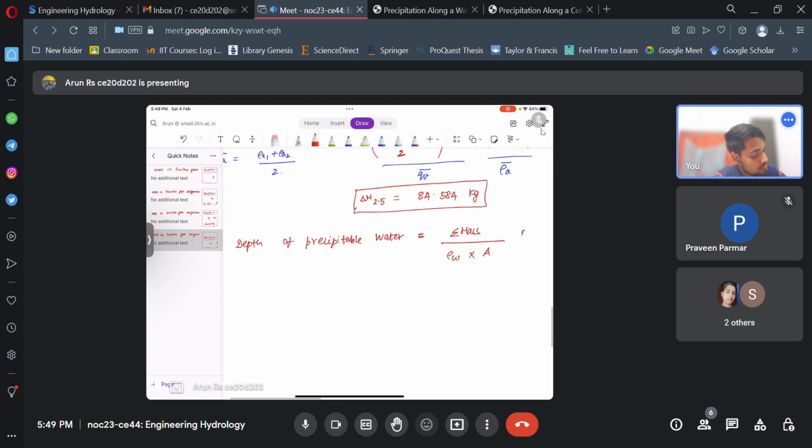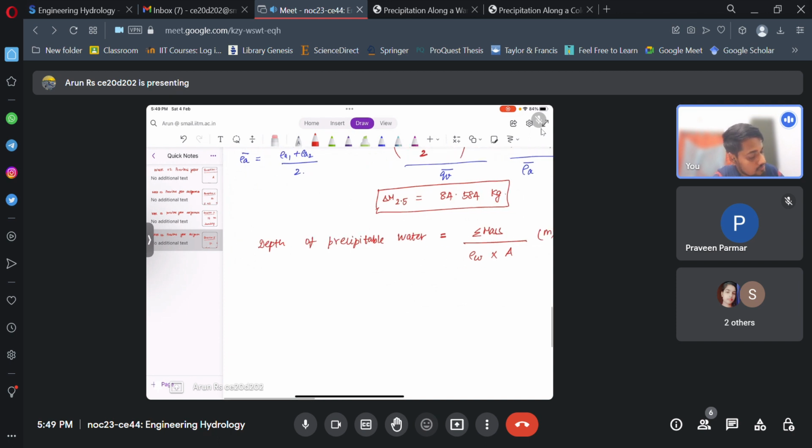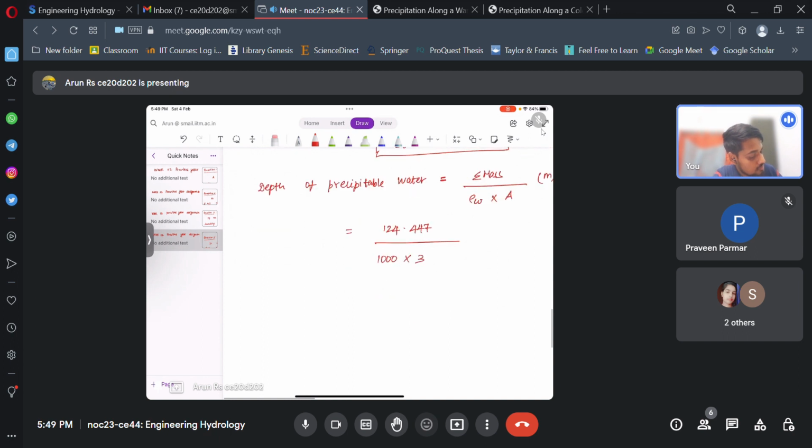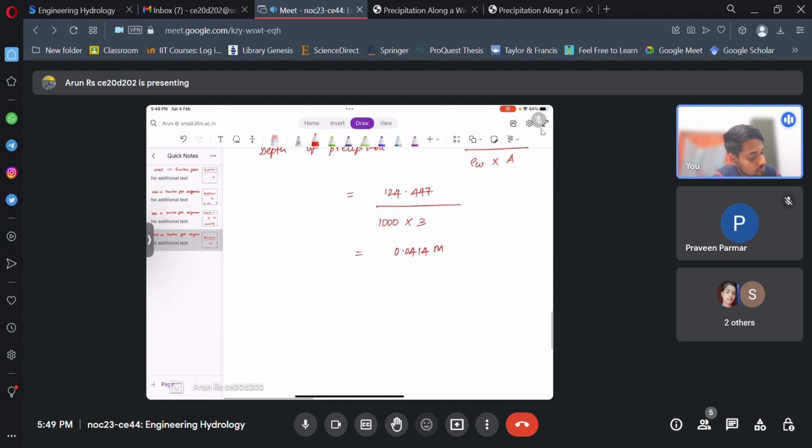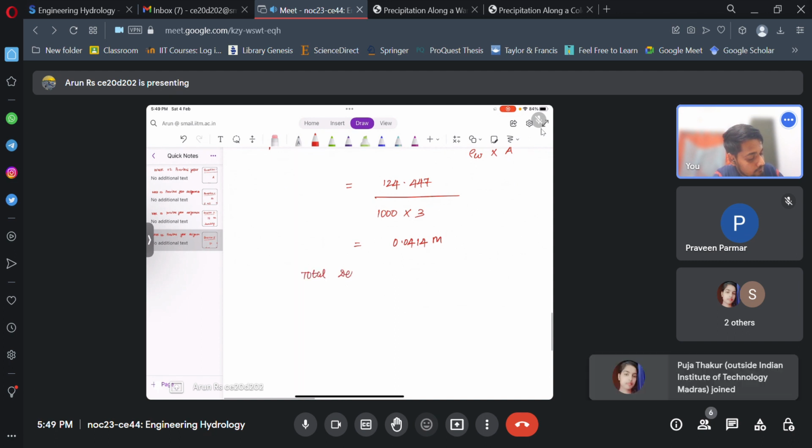This will be in terms of meters. So if we do 124.447 divided by 1000 into 3, this works out to be 0.0414 meters, and if I convert to mm, 41.4 millimeters.